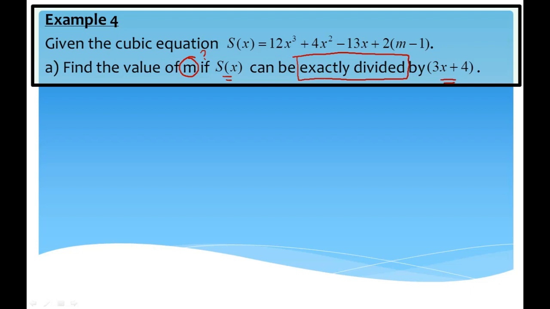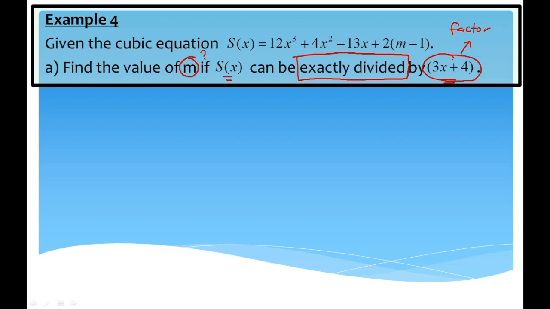So when the remainder is 0, that means 3x plus 4 is actually our factor, because when we divide with a factor only, our remainder will be 0. So, exactly divided means our remainder is 0.